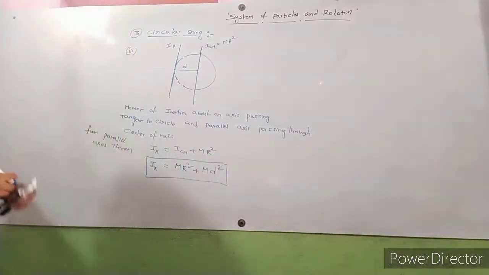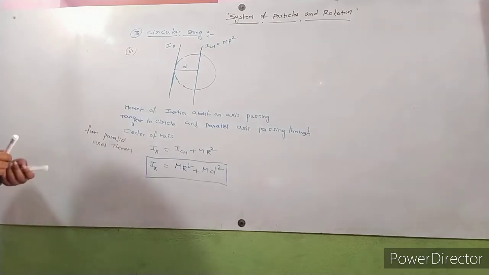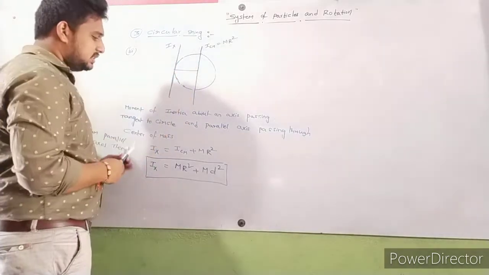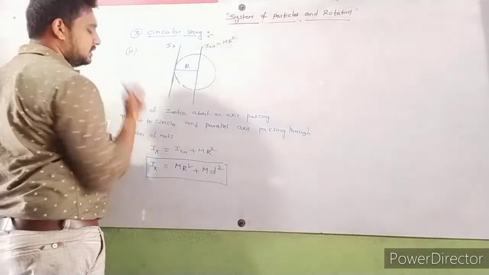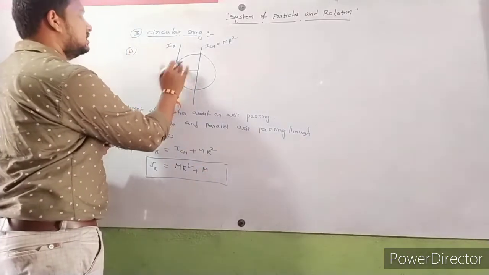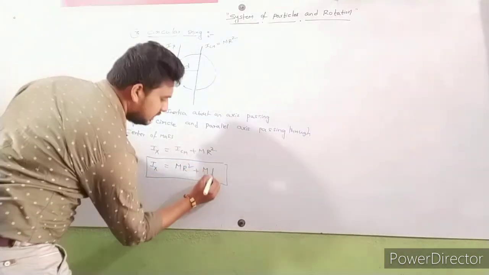If you consider this distance is r, then again we write mr square plus mr square. For example, if this distance is d, we write d square.